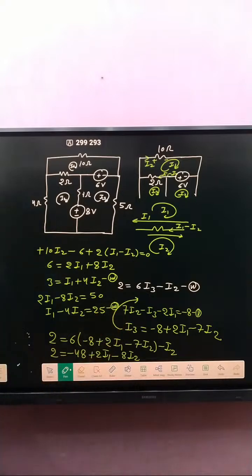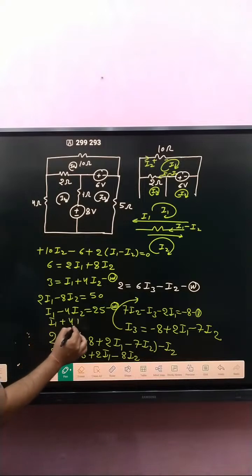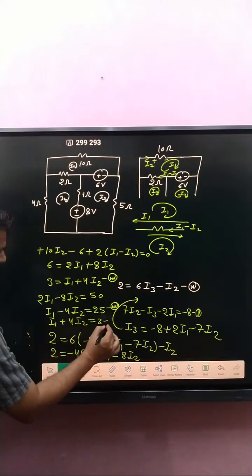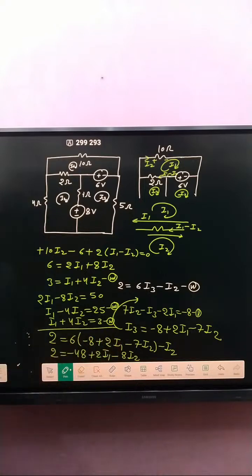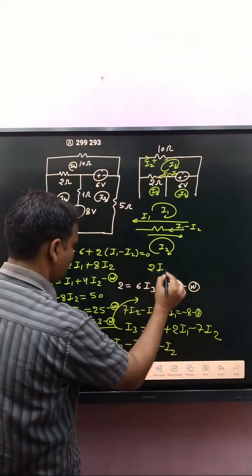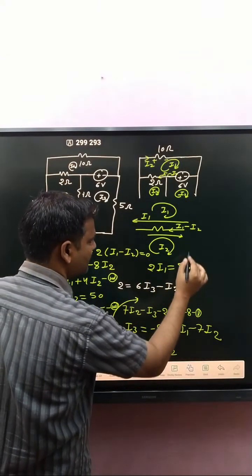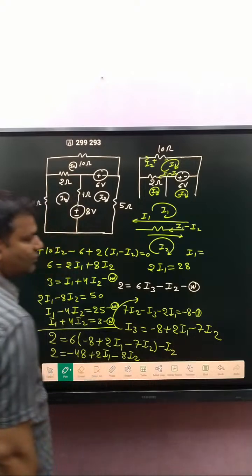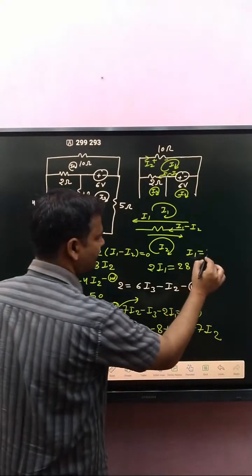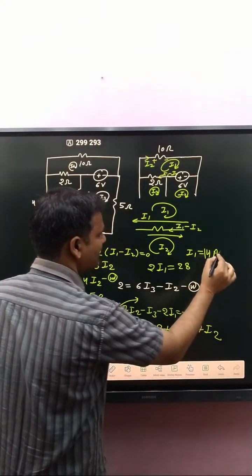Okay. Now that one, I1 plus 4 I2 is equal to 3, equation number 3. If these two are added, then we got 2 I1 is equal to 28. So what about I1? I1 is 28 divided by 2, that is 14 ampere.